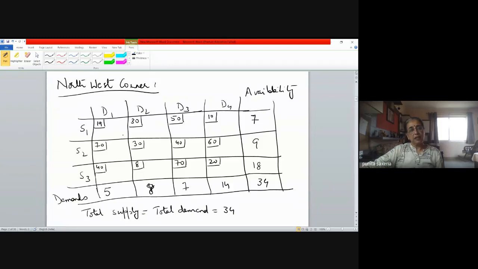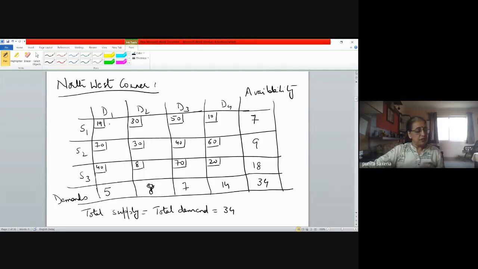Okay. So what we do is we start allocating from the northwest corner. Right? It's the most simple and logical method that we can allocate. You give it to a child, even he will start allocating things like that.